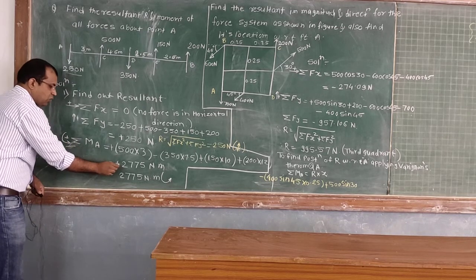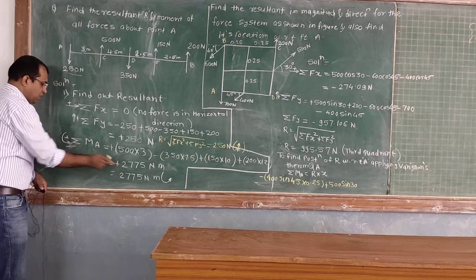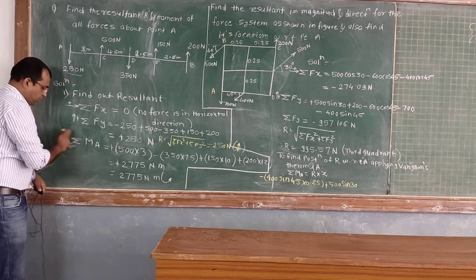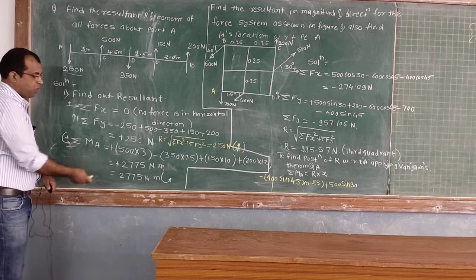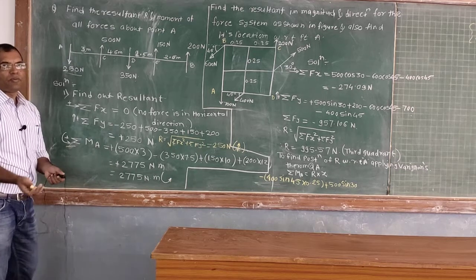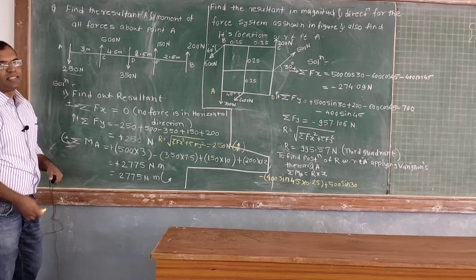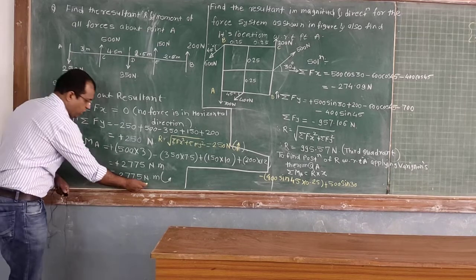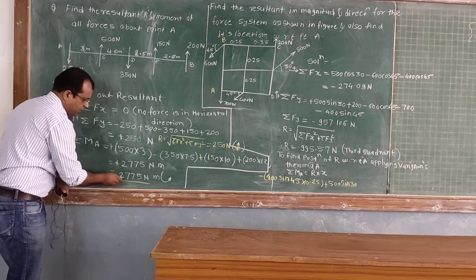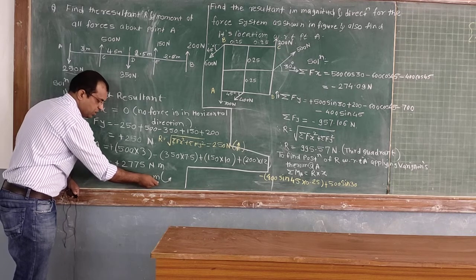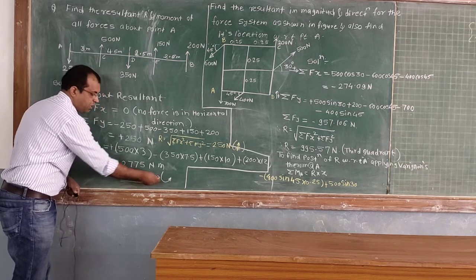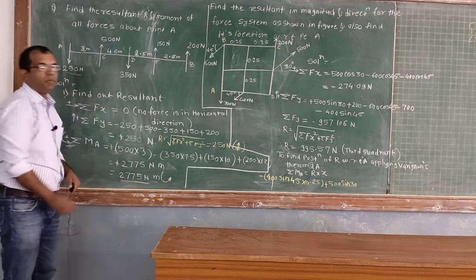If your answer comes out to be negative, it indicates that the moment is in a clockwise sense, because positive indicates the anti-clockwise direction and negative indicates the clockwise direction. Here we write the answer like this: 2775 Newton meter. Newton meter is the unit of the moment, and this is the direction of the moment.